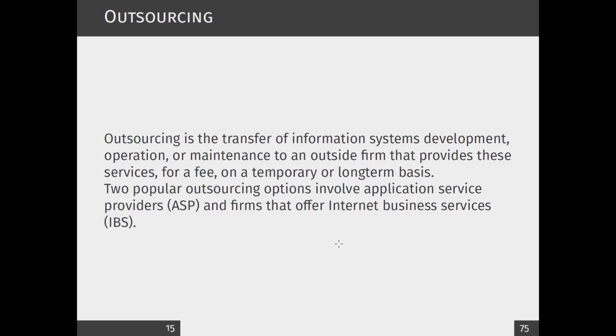Outsourcing is another option you have, and we discussed this in the last session as well, which is basically you have somebody else, on a temporary or long-term basis, work on the information system, right? There will be some application providers, and they offer internet business services, IBS for short.